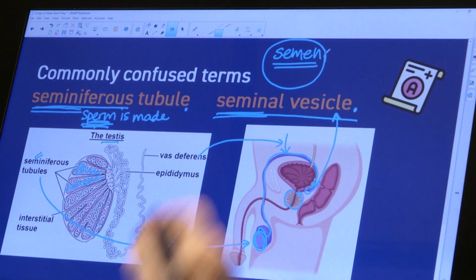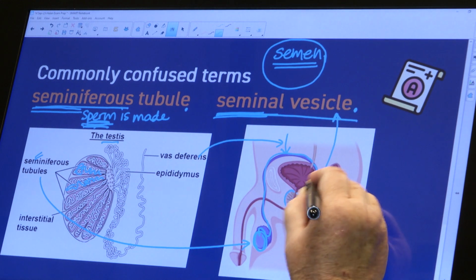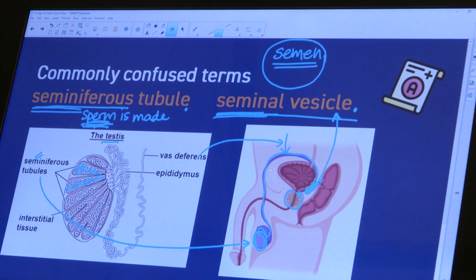All right, so the seminal vesicle is this little gland over here. It's an exocrine gland that's going to add liquid and fluids to the sperm to help move it along, and it's part of the 3 accessory glands that in fact make semen that carries the sperm.